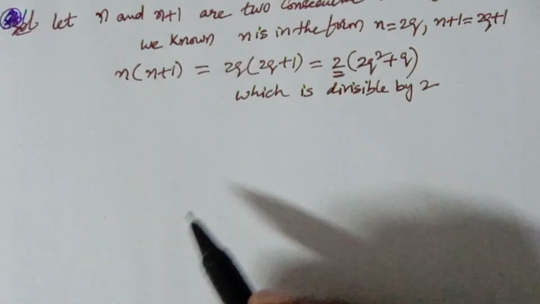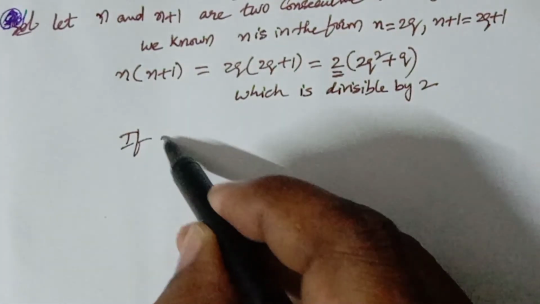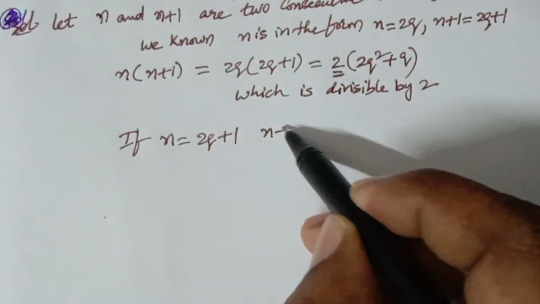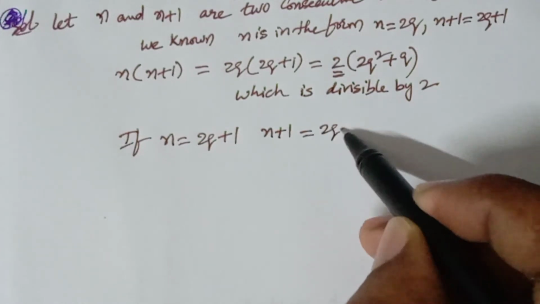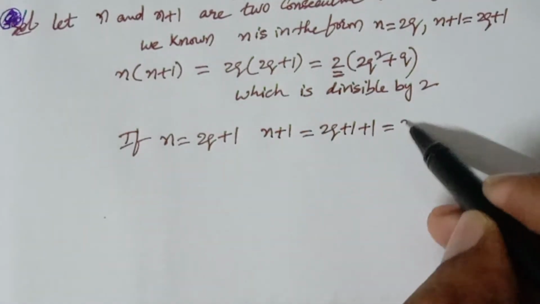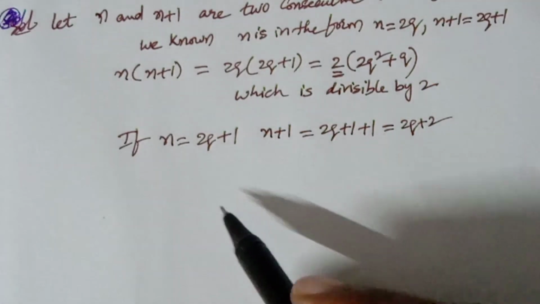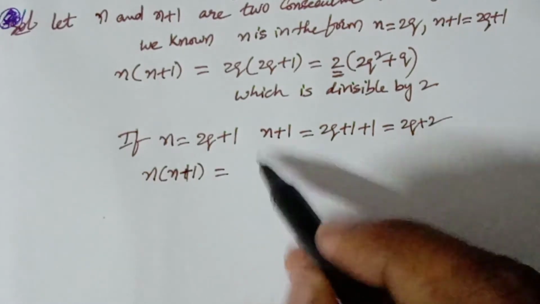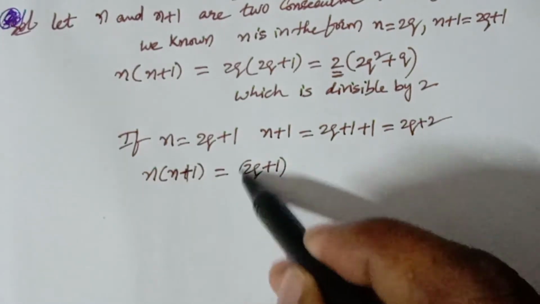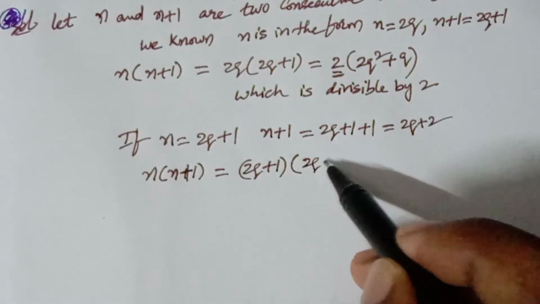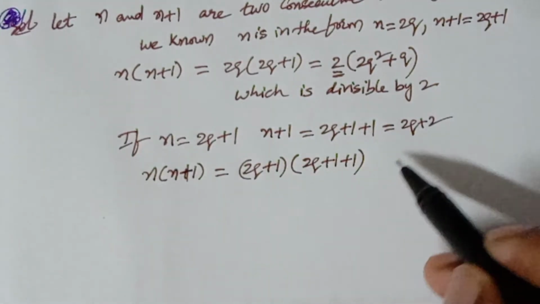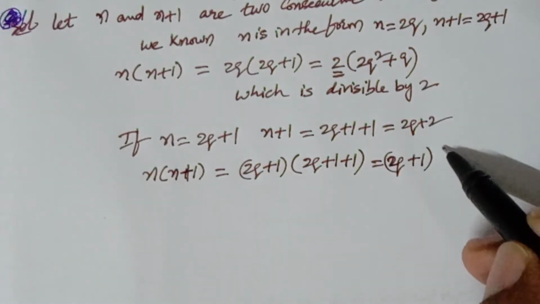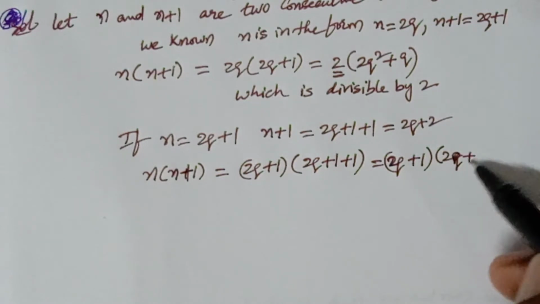Now if we take the second case, if n is equal to 2q plus 1, then n plus 1 will be 2q plus 1 plus 1, that is 2q plus 2. Now their product n into n plus 1 is equal to 2q plus 1 into 2q plus 2.